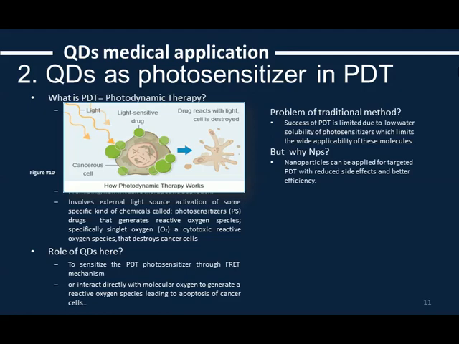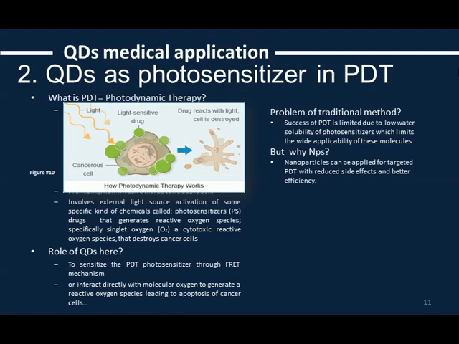The idea is that quantum dots could do two things: sensitize the PDT photosensitizers through FRET mechanisms, or interact directly with molecular oxygen to generate reactive species that lead to apoptosis of cancer cells. There are some problems now with traditional methods. For example, they have limitations due to low water solubility.